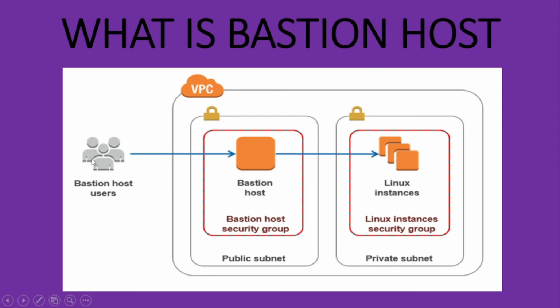So we have connected to our Bastion host by opening port 22 in the security group of the Bastion host. Now from this Bastion host we would like to connect with these two EC2 instances which are in the private subnet, or which are on the private network of AWS.